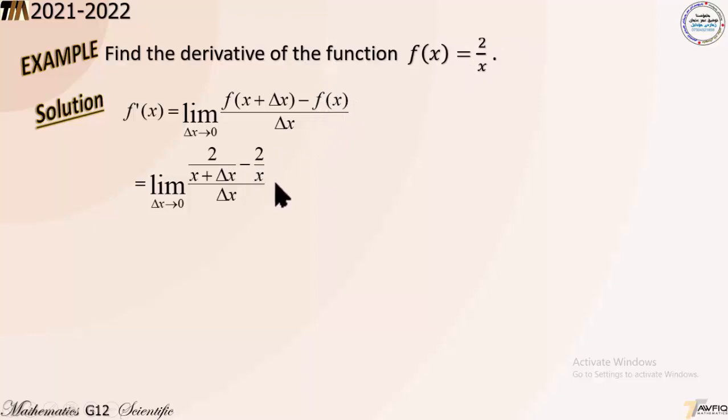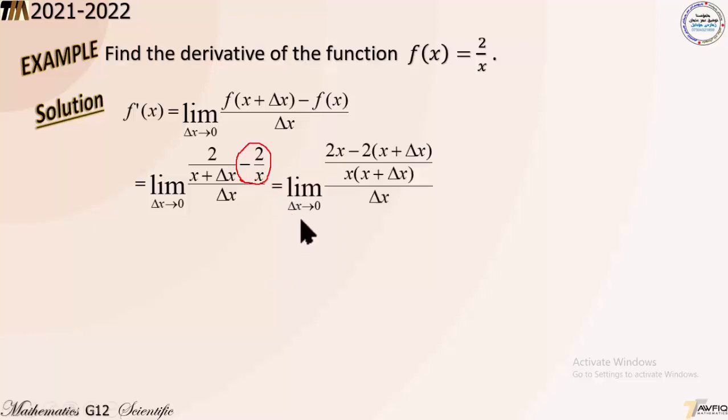Be careful: every time, this part is f of x, and this part is minus f of x. Everywhere when it asks you to find f of x, this part is the f of x, the minus of f of x. Now the limit as delta x approaches 0.